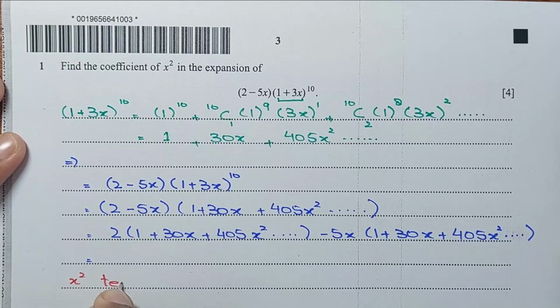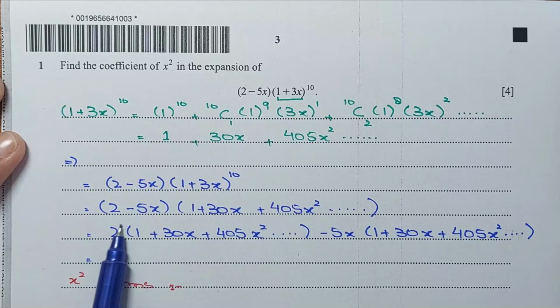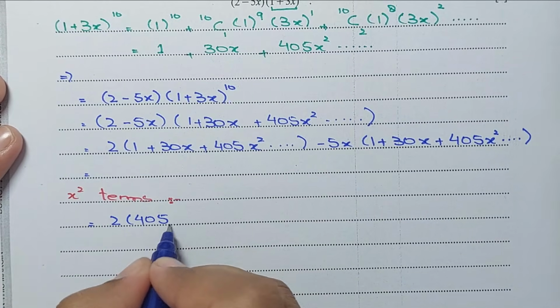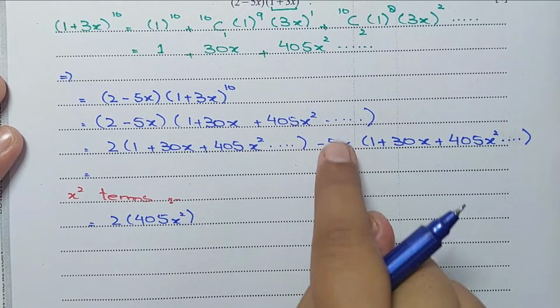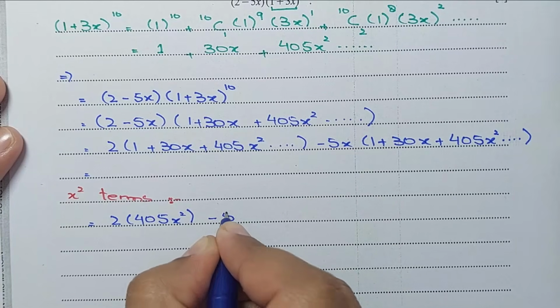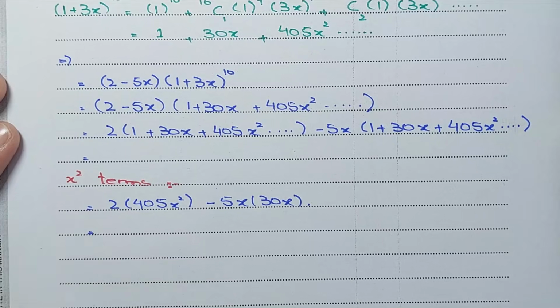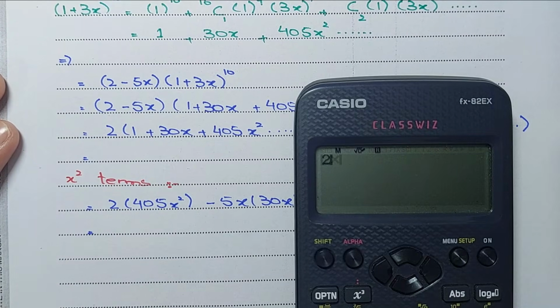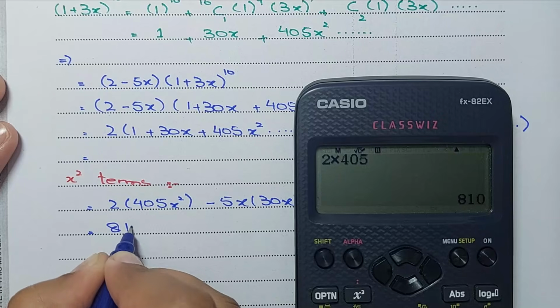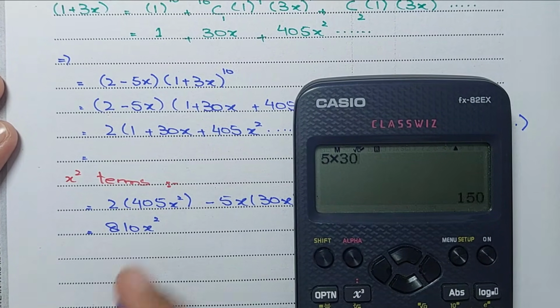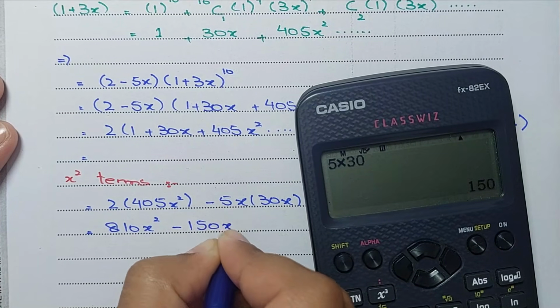The x squared terms: 2 distributed to 1 gives a constant term, and then the x term and x squared term. So the x squared terms are 2 into 405x squared. Minus 5x distributed to 30x, you will get an x squared term, right? 2 into 405 is 810x squared, and 5 times 30 is 150, so minus 150x squared.